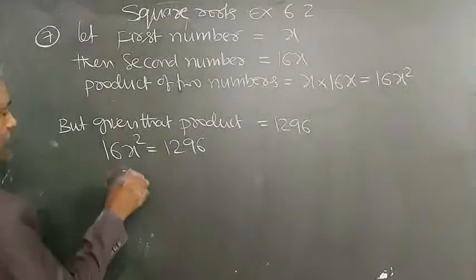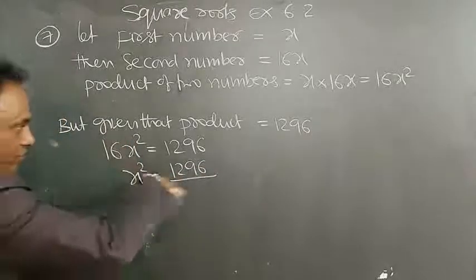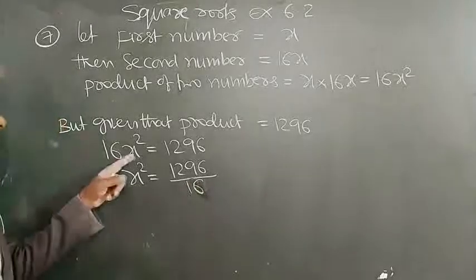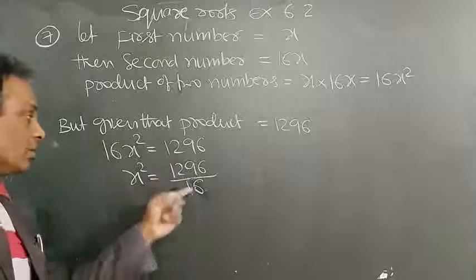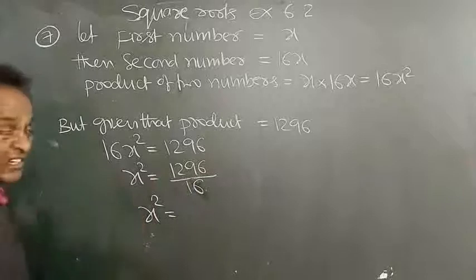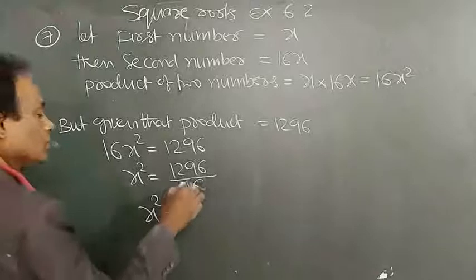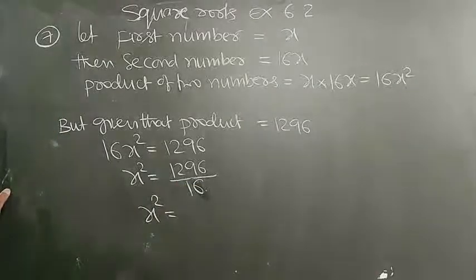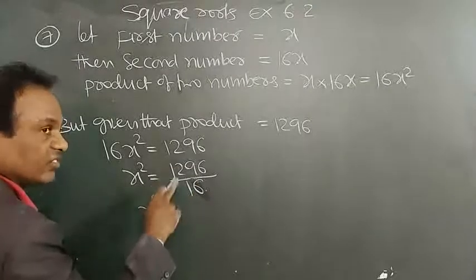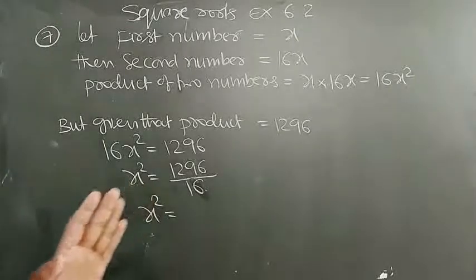Students, here the 16 is in multiplication, so it will go into the denominator. So x square is equal to 1296 by 16.